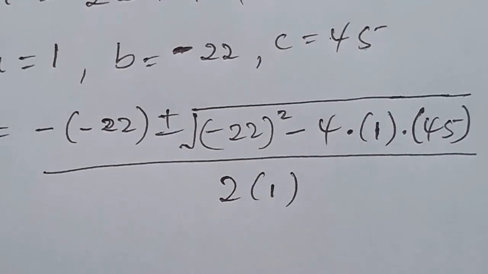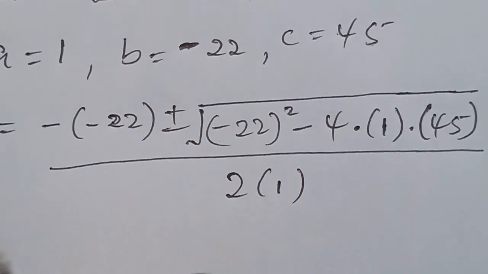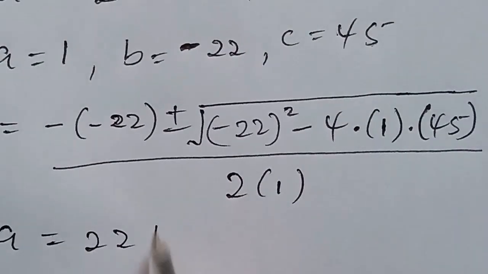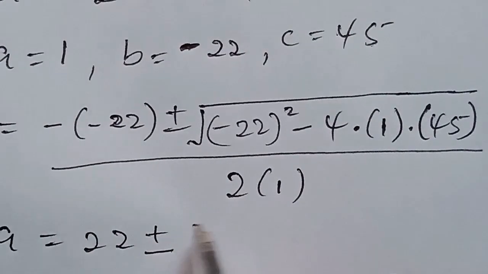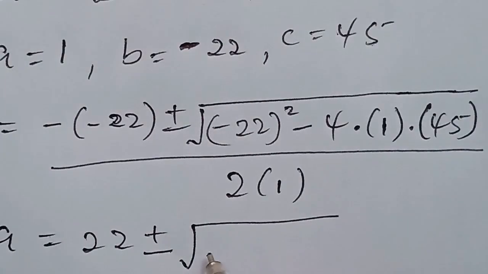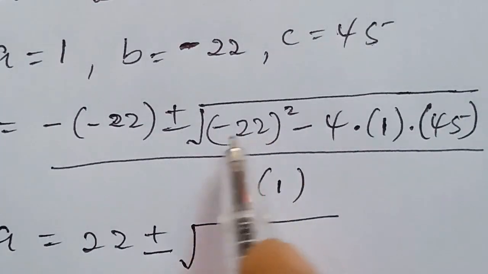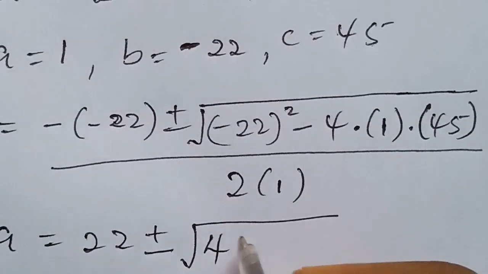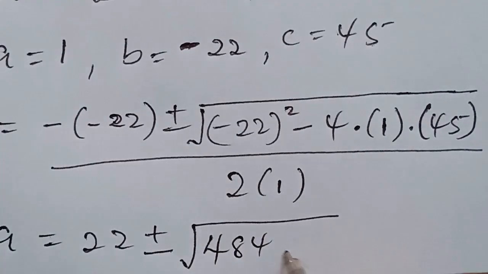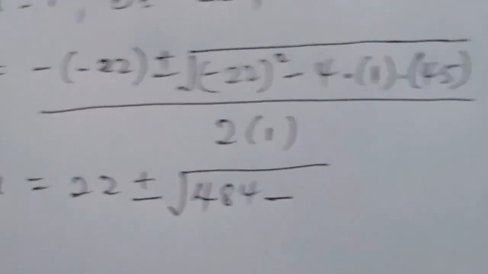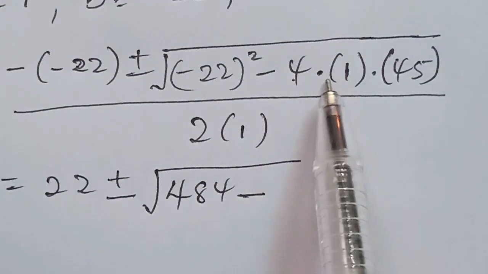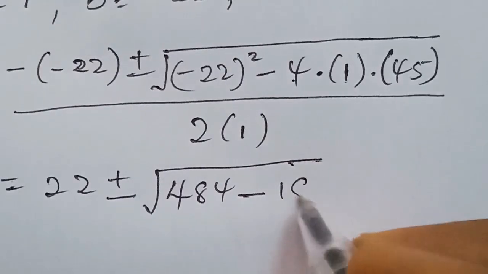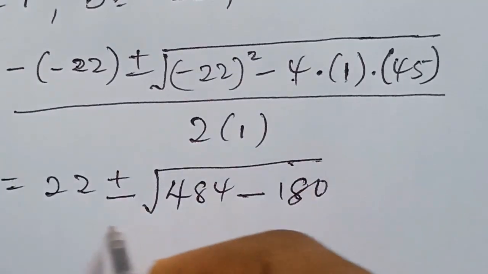So our expression now becomes a will be equal to 22 plus or minus square root of, 22 raised to power 2 will give us 484 minus 4 multiplied by 1 then multiplied by 45 equal to 180.